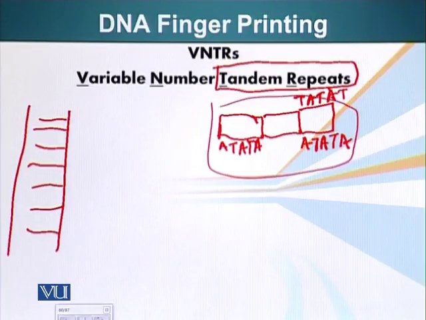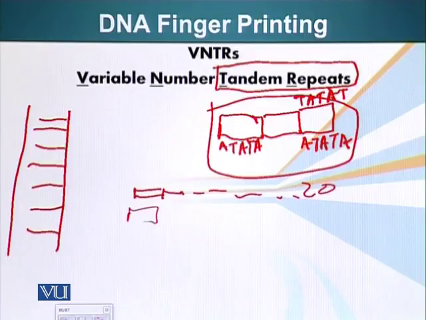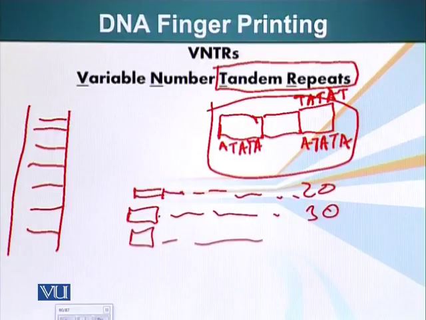Now imagine the tandem repeats are repeats, but they are a variable number. In this case, there were only 3. In other cases, we may have, say, for example, 20 tandem repeats, one after another. In another instance, we have the tandem repeats repeated 30 times. In another instance, we have tandem repeats repeated 70 times, and so on and so forth.